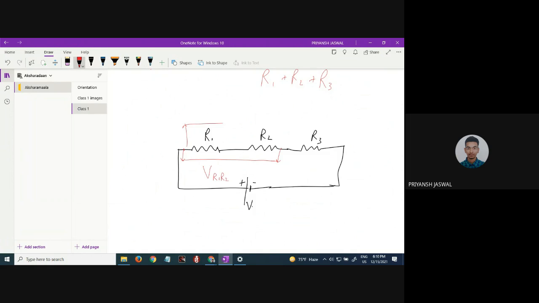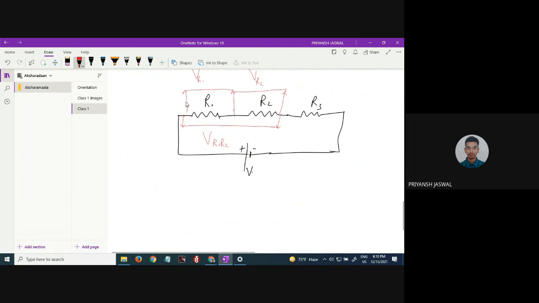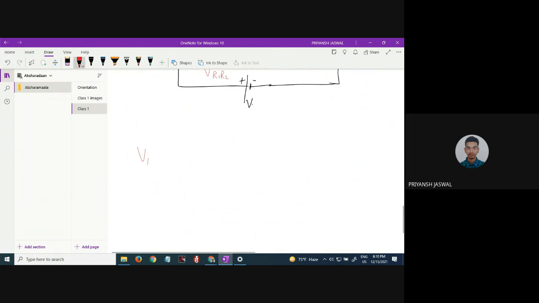So it will be nothing else but the summation of individual potential difference across R1, that is VR1, and across R2, that is VR2. So we have VR1,R2 equals VR1 plus VR2, because it is a series circuit, series connection.